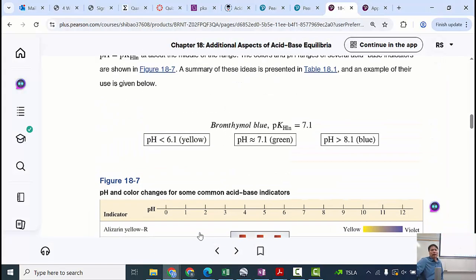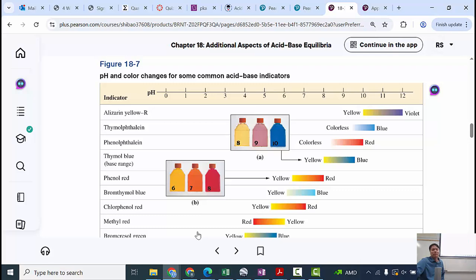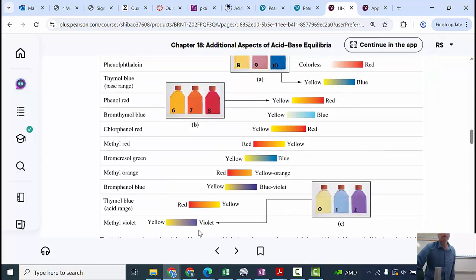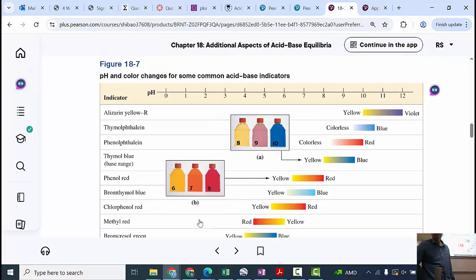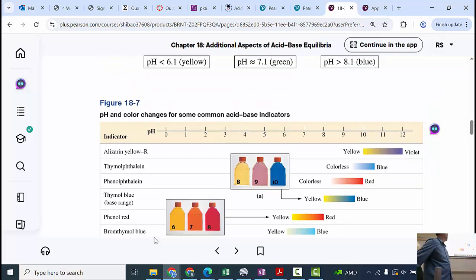All right, so let's take a look at some of these other indicators. The most used indicator on this list is which one? It's probably this one.